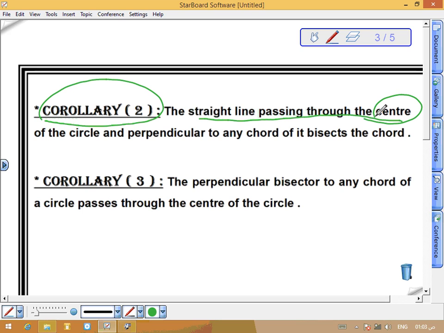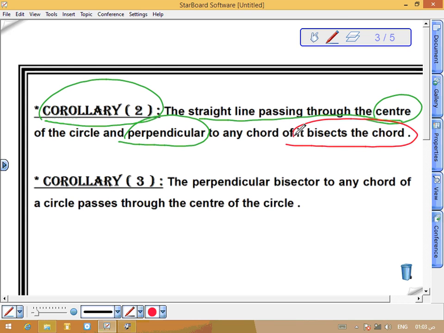So that's the first note in the above page, and it is perpendicular to any chord. So the result here, it will bisect this chord or pass through the midpoint of it.